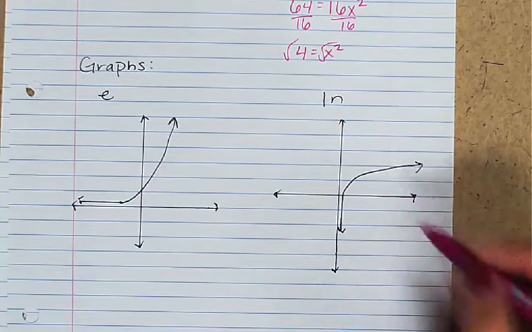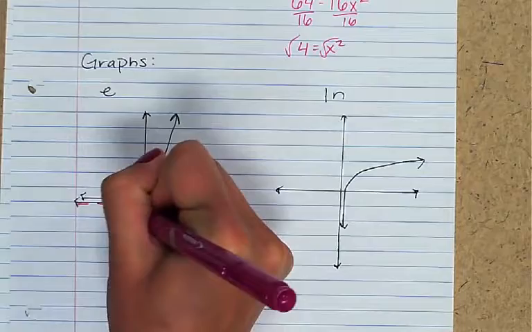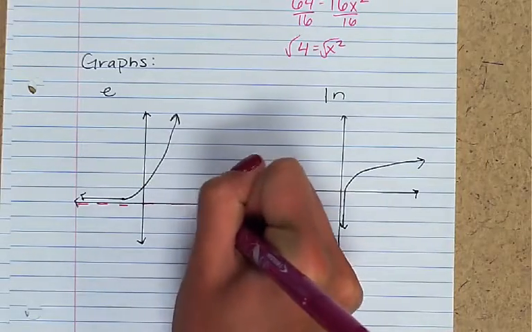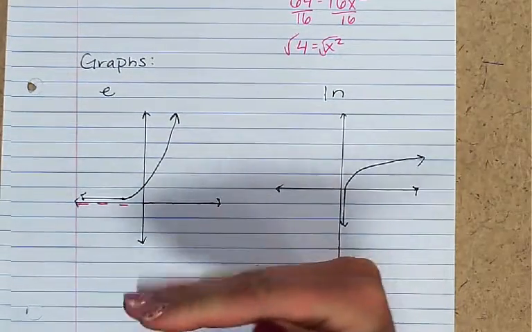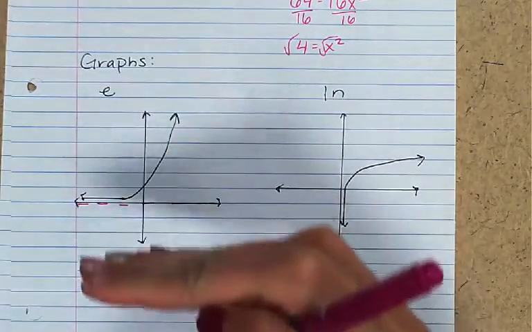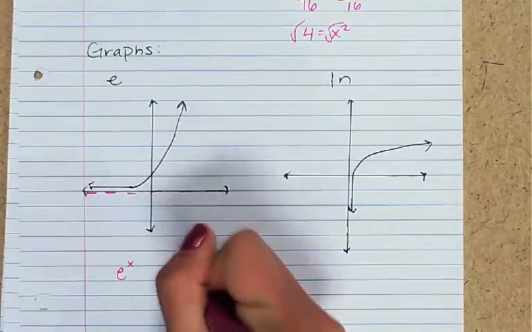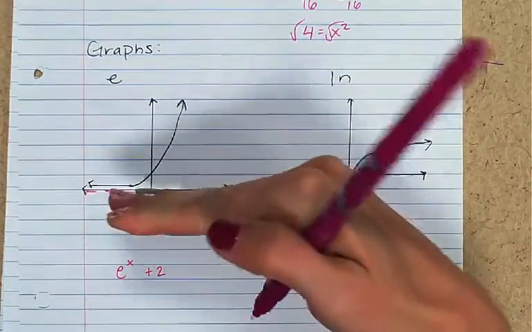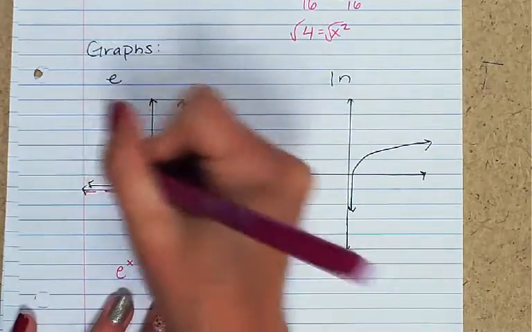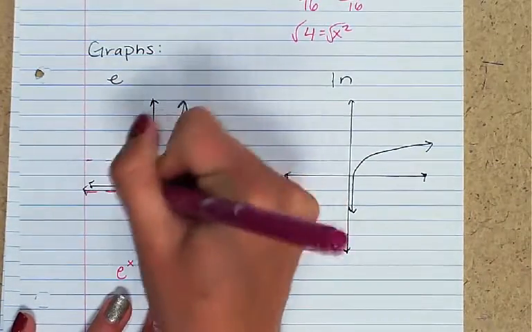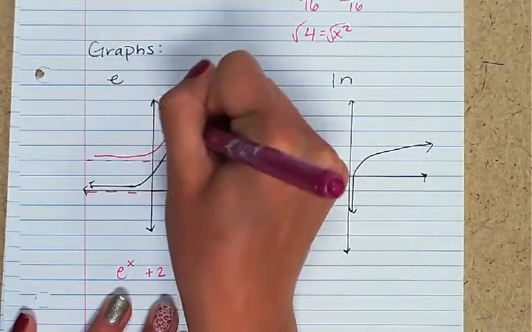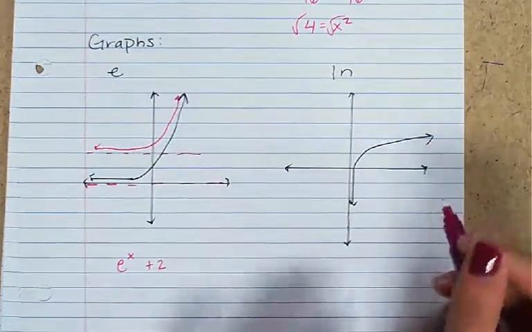The one thing to note is there is on E a horizontal asymptote here at 0, but if you ever add anything onto it, that asymptote will shift up and down with it. So for example, if we had e to the power of x plus 2, everything here would shift up 2 units. So this would shift up 2 units, and then my graph would shift up 2 units as well.